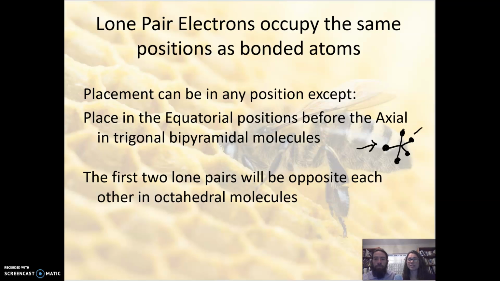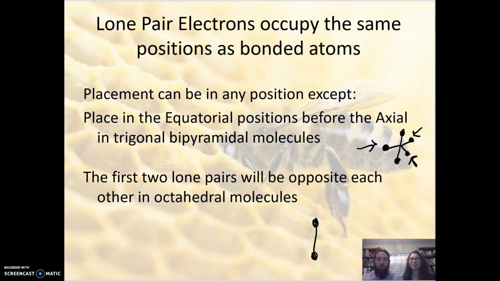As you can see here, we've got the ones going around the equator. The first lone pair you'd put wherever, as long as it was equatorial. The next one you'd put also in the equatorial, and the next one in the equatorial. So if you had a trigonal bipyramidal shape and you had 3 lone pairs, your molecular shape would just be linear. It'd come back to linear.